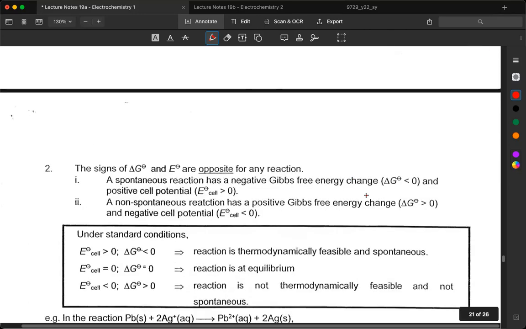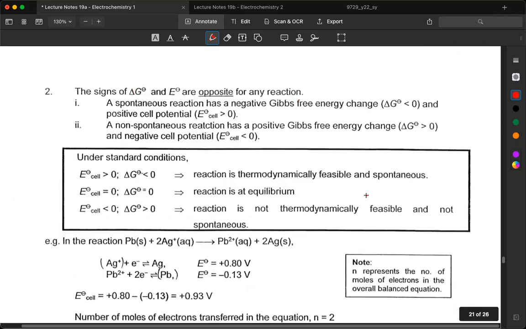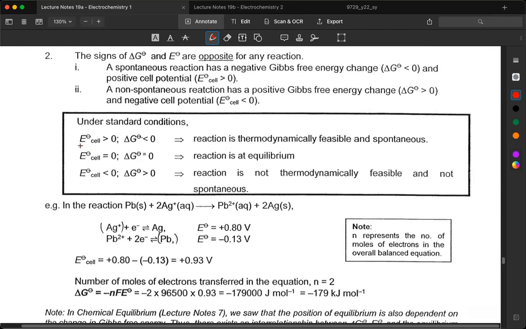Now, the per mole is per mole of reaction. The sign of delta G and delta E are opposite, obviously. A spontaneous reaction will have a negative Gibbs free energy, and non-spontaneous has a positive Gibbs free energy. Okay. So, under standard condition, this is a summary.